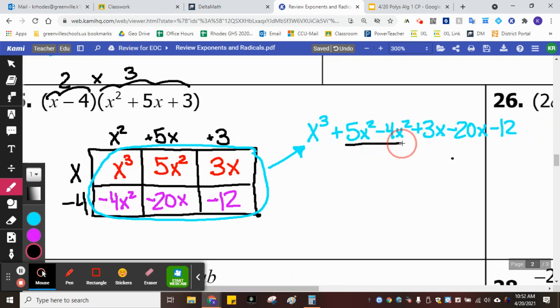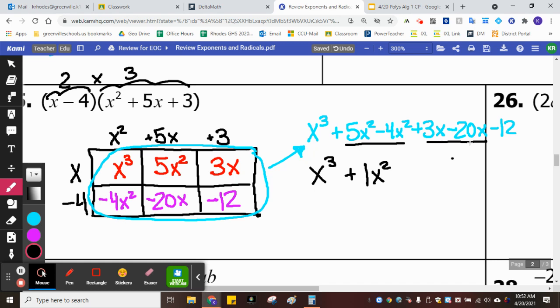And you have to combine like terms, just to simplify it. So x cubed, 5x squared minus 4x squared is 1x squared. And you don't have to put the 1, but it's not wrong there.